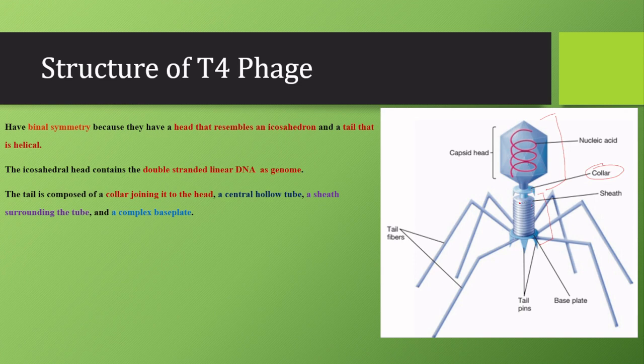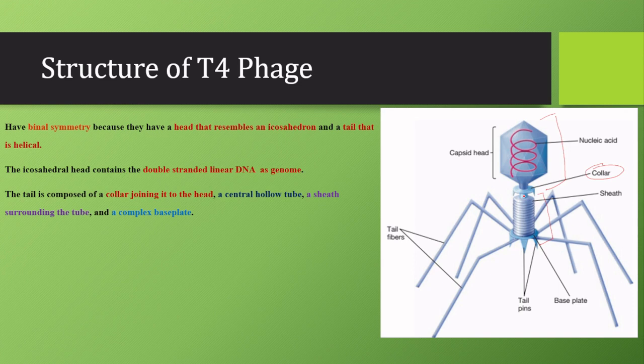Here you can see the tail is a hollow tube-like structure and it has a sheath surrounding it. These rings you can see are the sheath, which is made up of a particular type of protein, and they surround the hollow central tail.